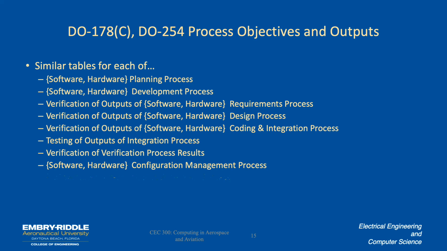Configuration management process, quality assurance process, and the like. So design assurance, whether it's referenced in ARP 4754, DO-178C, or DO-254, is a constrained process for demonstrating that your system should work.